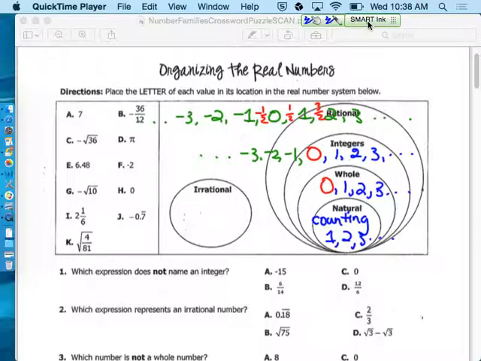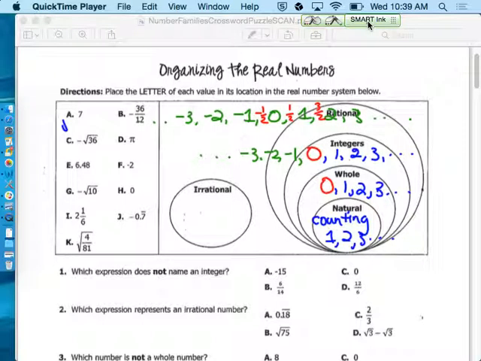To come down one level to just whole numbers, all of the negative numbers drop off, and you start with 0, and then you include all of the positive counting numbers. Those are your whole numbers. And then for your natural or counting numbers, 0 falls off, and you just start with the numbers that you learned in kindergarten. So you're given A through K, and you're asked to separate these into the subsets.